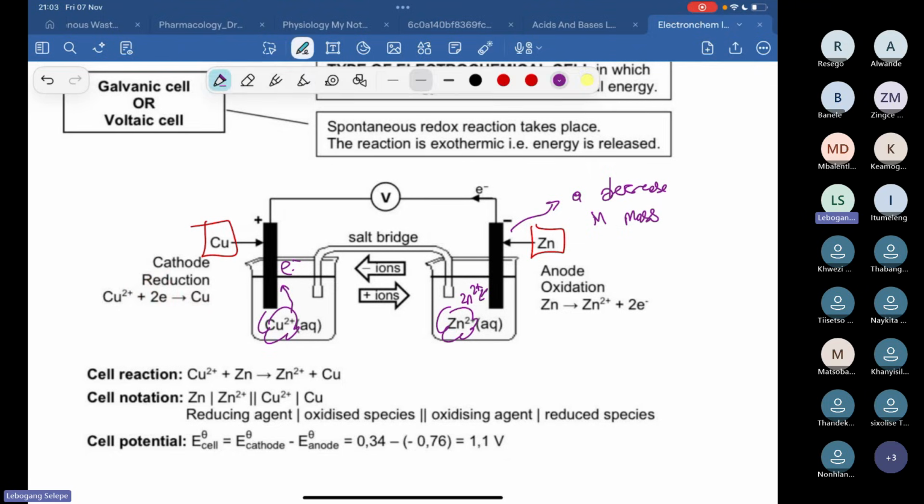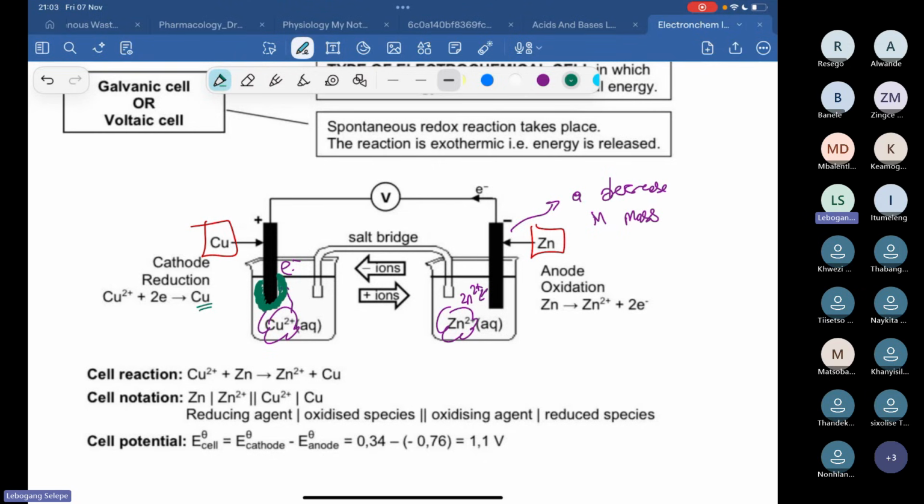Because now we are producing a solid metal, we would see that solid metal plastering onto the already existing metal, right? So we would see the Cu metal coating this electrode, because we are producing a metal on the side.